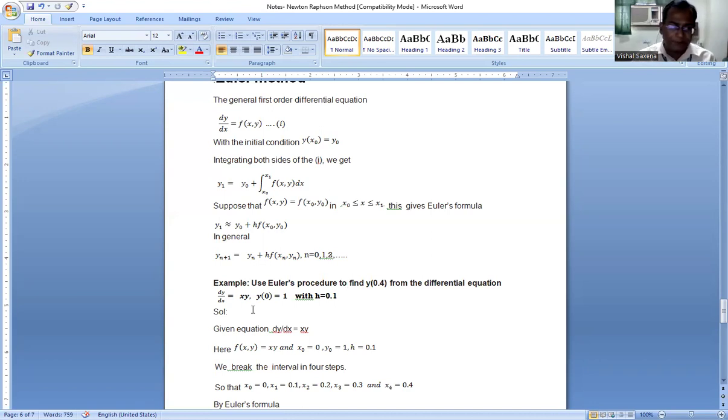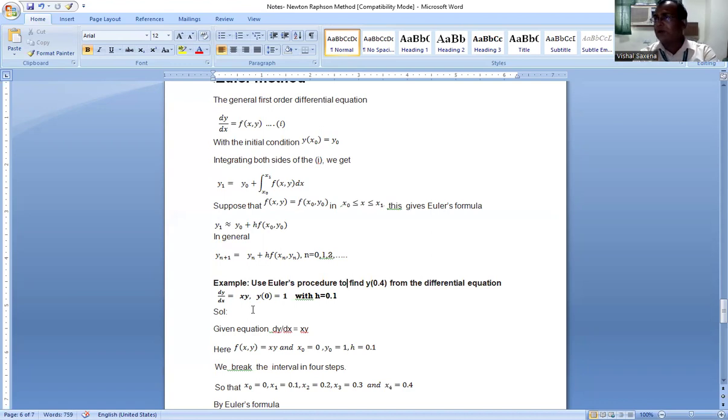So f(x, y) equals xy here, and the initial conditions are x naught equals 0 and y naught equals 1, which can be obtained from the given boundary condition. In this question, h is already given, h equals 0.1.